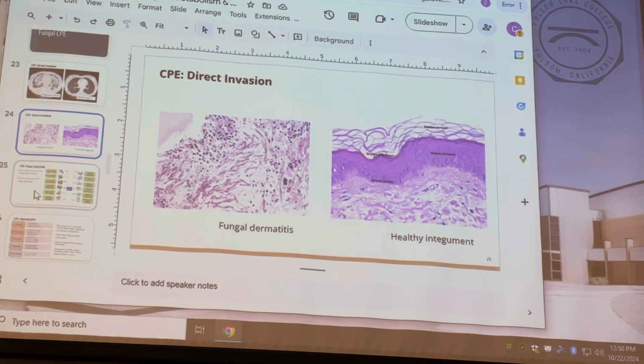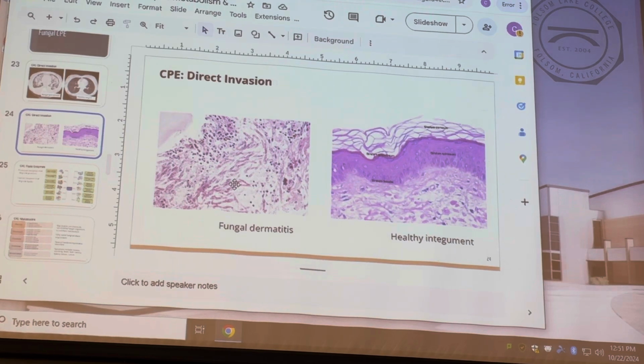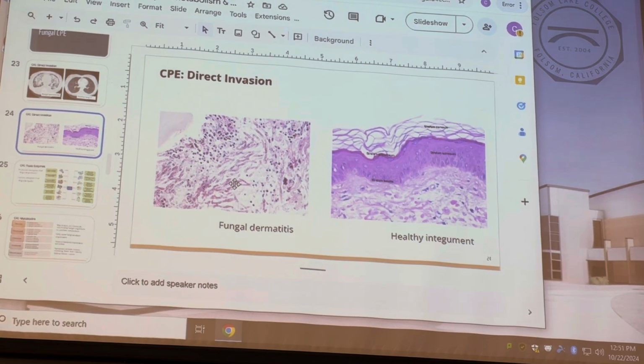Your patient has a very low chance of survival once the vegetative hyphae get into the lungs. So we worry about that a lot.